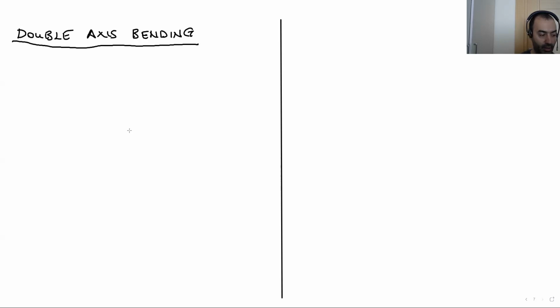Let me explain this on a sketch. Here we have an inclined surface like this, and let's say this is a rectangular purlin on the roof.